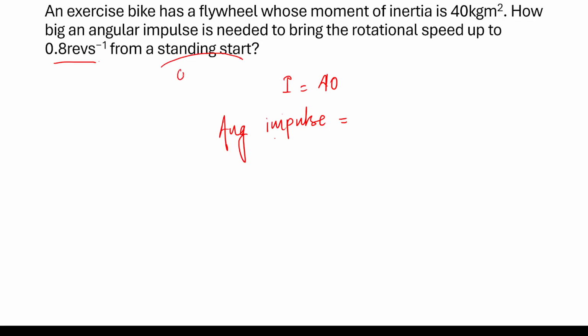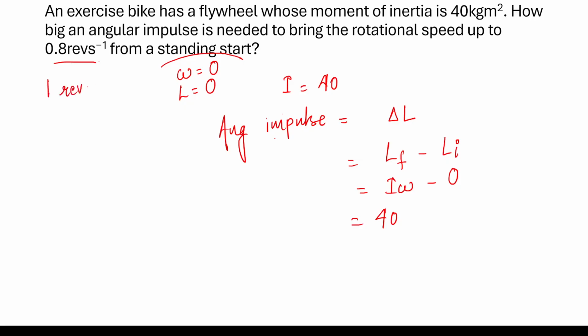Standing start means initial speed is 0, so my initial angular momentum is 0. So change of angular momentum is final minus initial. Final is I omega, initial is 0, I is 40. And then you need to convert revolutions per second to radians per second.